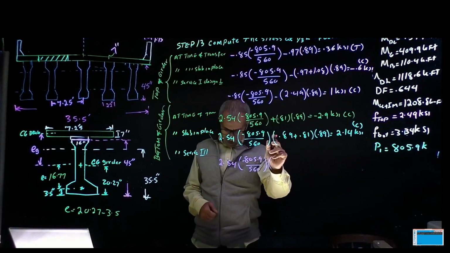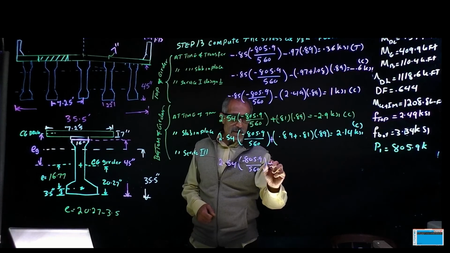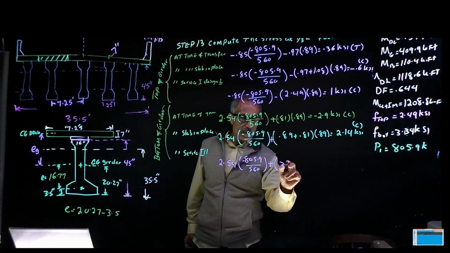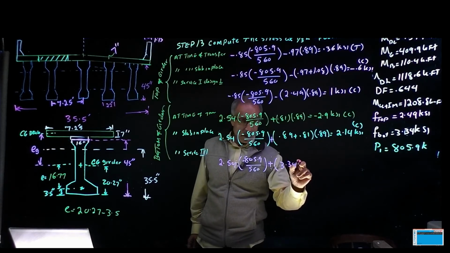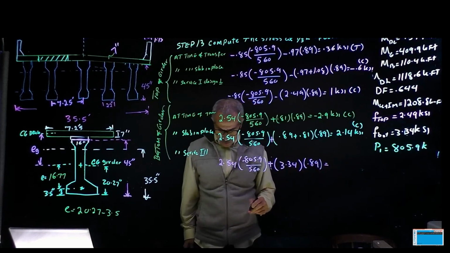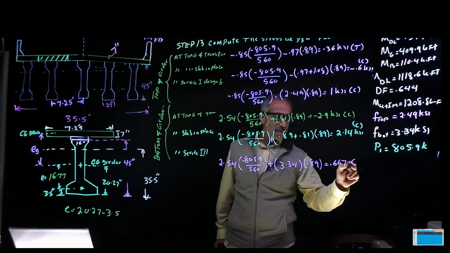That's not a times here, excuse me, that's a plus right there. So this is a plus also, 3.34 times 0.89. That was for the total load. So that gives us minus 0.667 in compression.